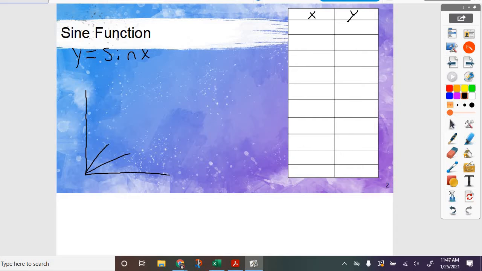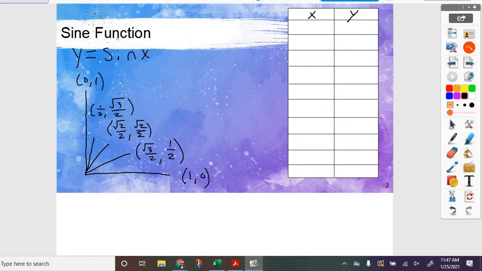So remember that we have 3 main special angles in our first quadrant, and then we have points. So we have 1, 0, square root of 3 over 2, comma 1/2, square root of 2 over 2, comma square root of 2 over 2, and then 1/2, comma square root of 3 over 2, and then 0, comma 1.